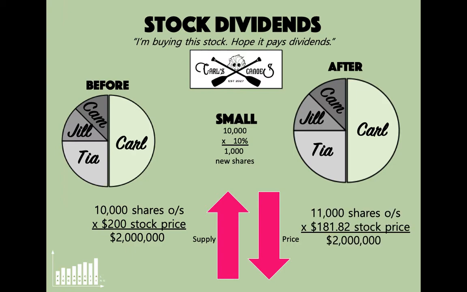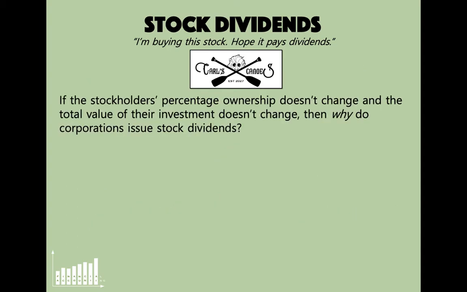With 11,000 shares out there now, since there are 1,000 new ones, the market is going to correct the price down to about 182. Because the value overall is not going to change. The $2 million value is still going to be there. So the percentage ownership doesn't change, and the total value doesn't change.